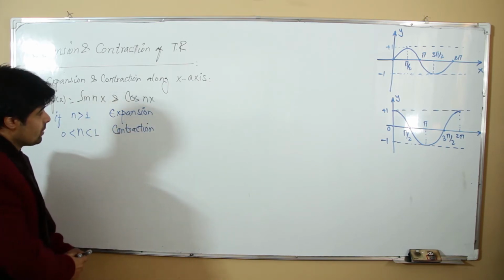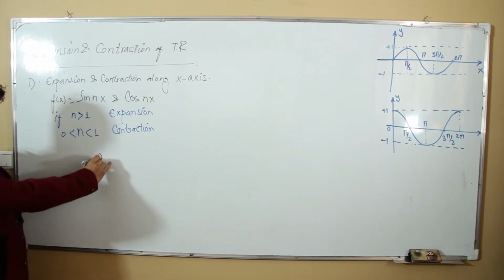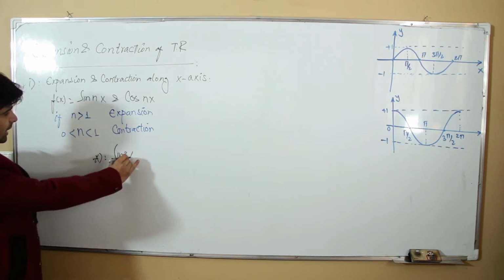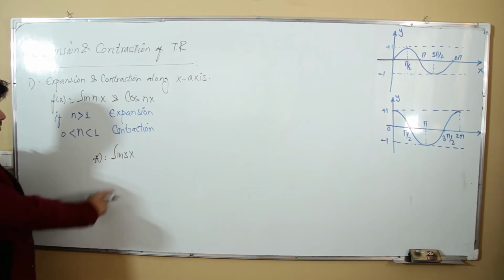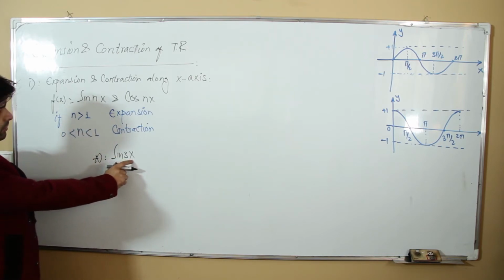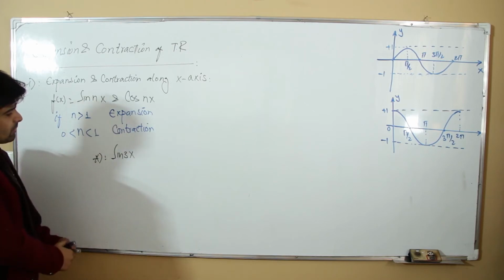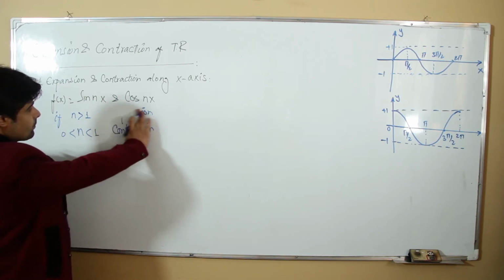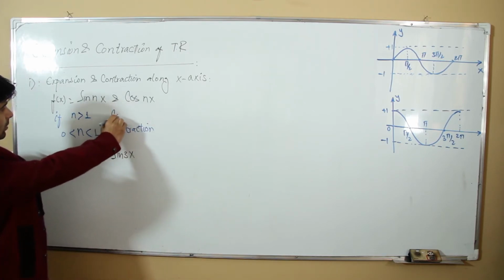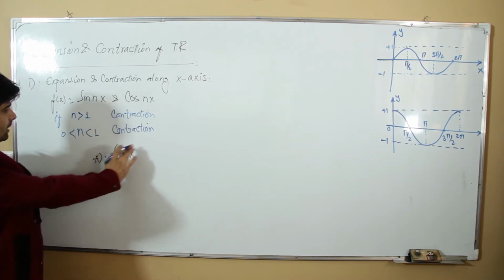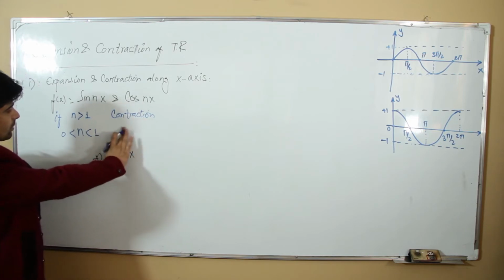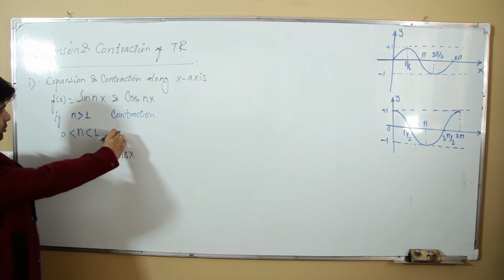What does it mean? Suppose we have sine 3x. This 3 is greater than 1, so this will talk about, I'm sorry, this will talk about contraction. And if n is between 0 and 1, it will talk about expansion.